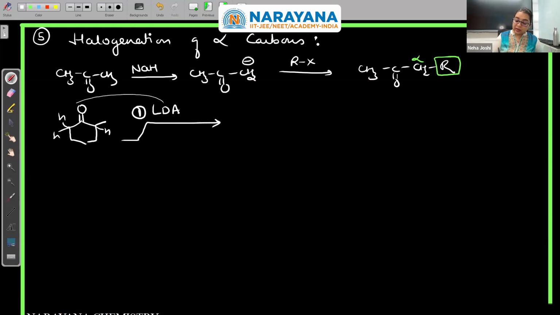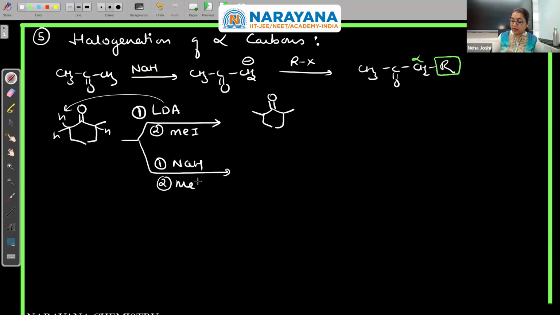It will attack this hydrogen, followed by MeI. Then I will have this as a product. But if I take a smaller base like NaH and then I add MeI, then the thermodynamic control enolate is formed, and here you will have the alkyl group introduced.